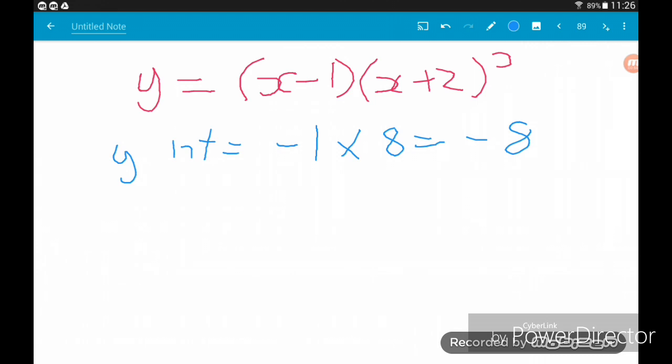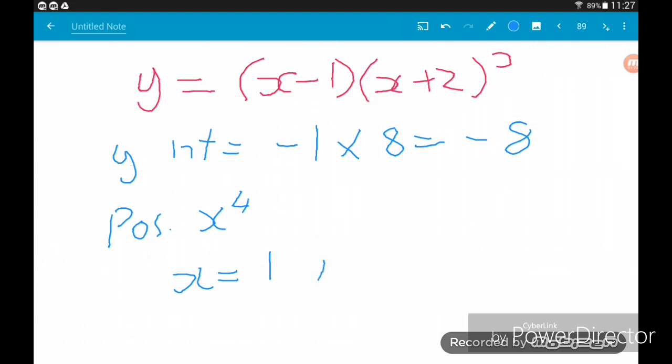Now, we're going to get a positive x to the power 4. So it starts top left, ends top right. And our solutions, or our x-intercepts, are x minus 1 tells us x equals positive 1.